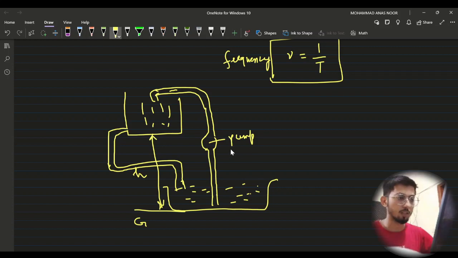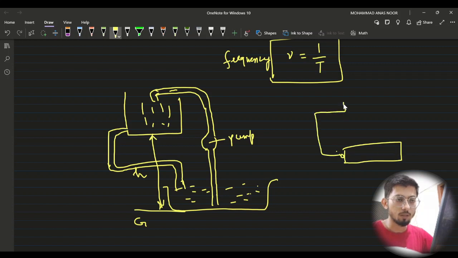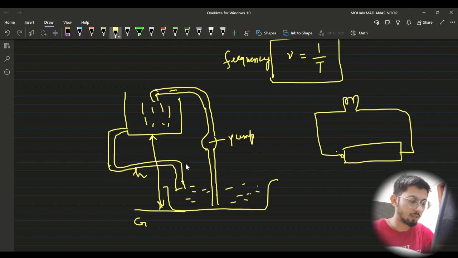It is a source of energy that drives water. And this can be resembled as a circuit. For example, you have a battery or a cell, and you have a wire, you have a bulb. So the circuit is completed. This can also be assumed as a circuit.